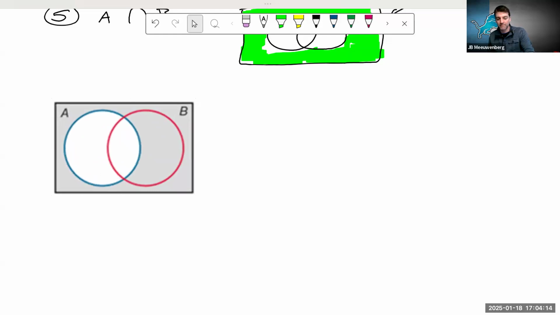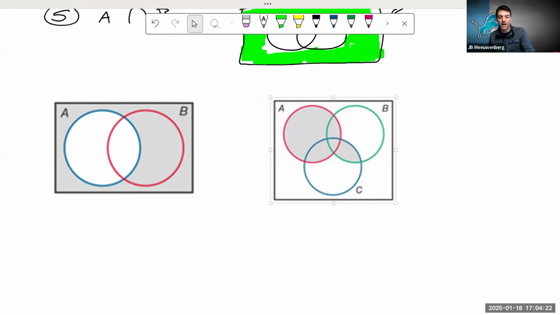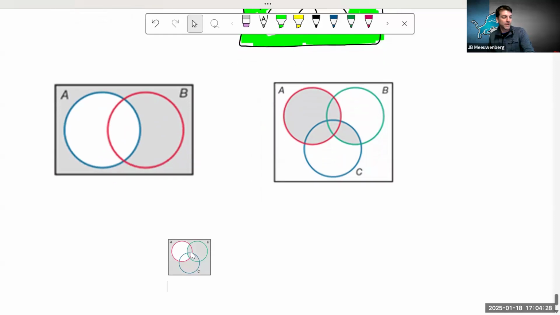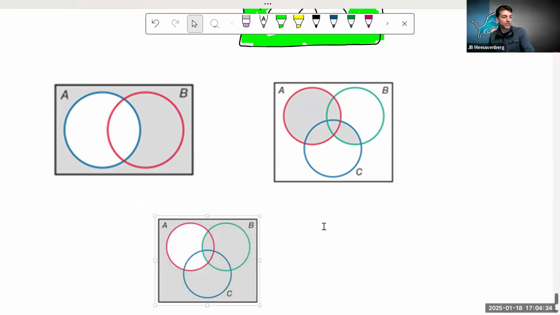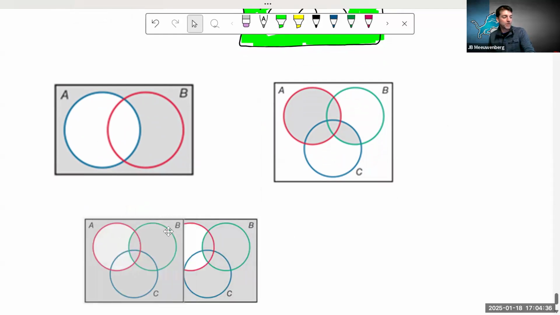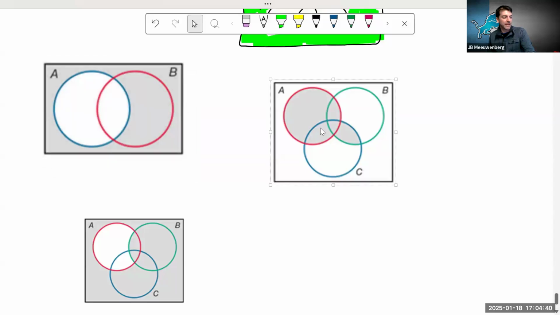Copy and paste these, analyze them, and see if you can come up with set notation that represents what these shaded regions are. All right. So again, pause this video and then come back.